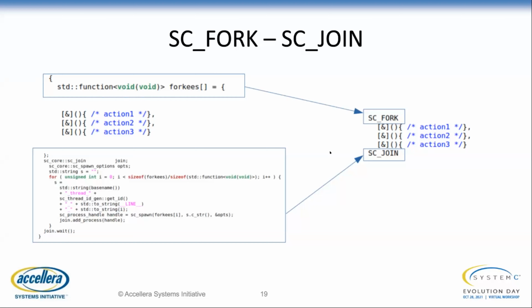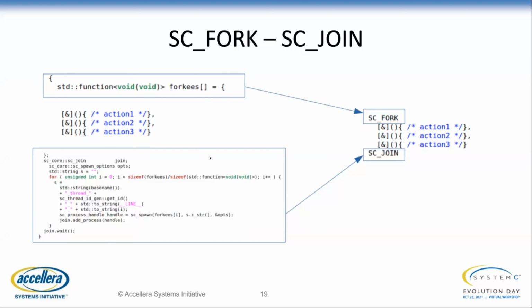And then the SC_JOIN macro simply closes that list, and it declares an sc_join object, and then it calls sc_spawn for each of these lambdas, and it creates handles, and then the join object is populated with these handles, and its wait function is called, and this is basically a time-consuming function that waits for all the threads to finish until it's resumed. So this is already supported. I just wrote an easier version of it. I think it's easier to code it like this.